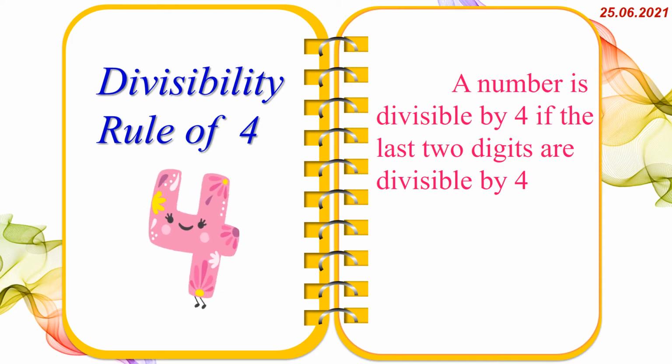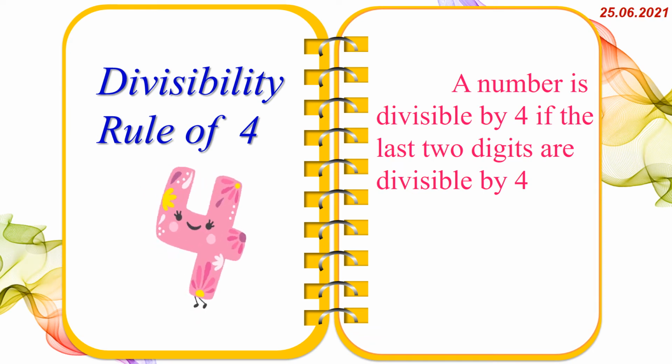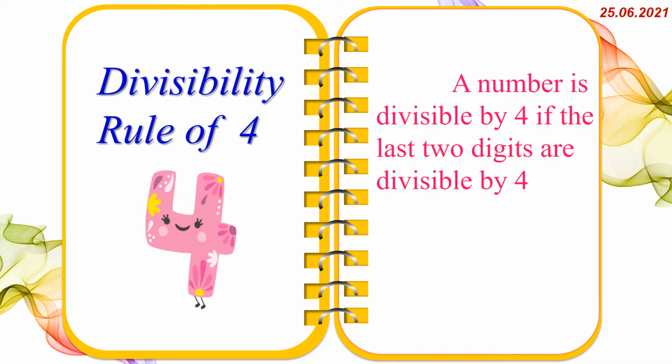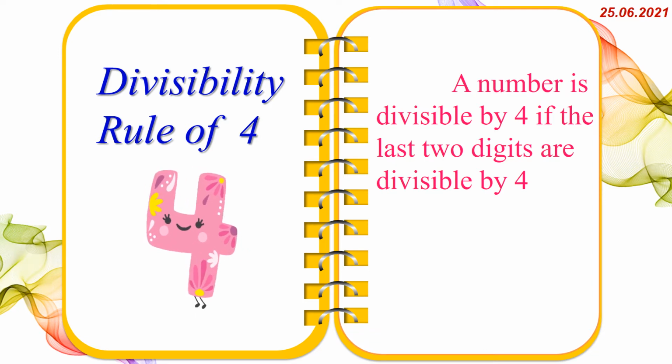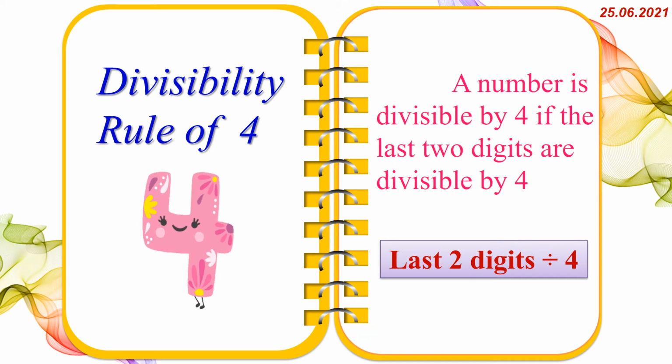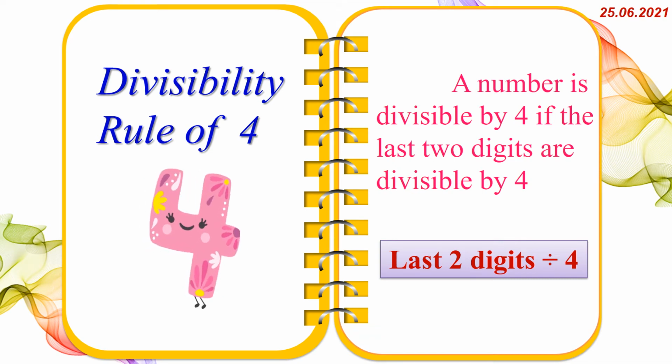Here we will check the last two digits, that is the tens and ones place digits. If these two digits are divisible by 4, then the given 4-digit number is divisible by 4. Otherwise, the given number is not divisible by 4.